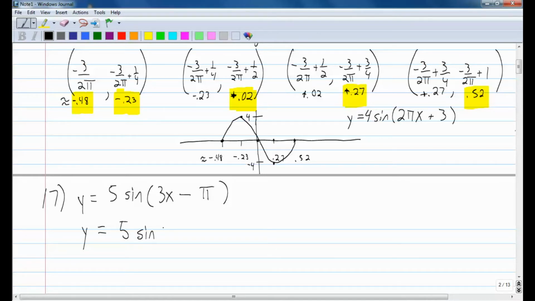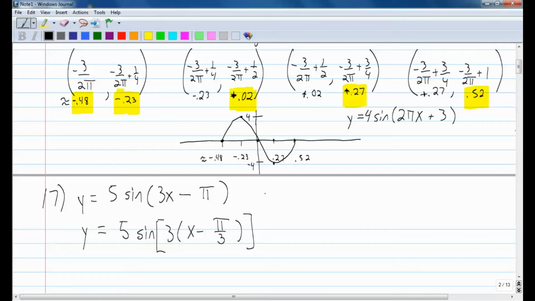So this is 5 sine of 3 times x minus pi over 3. Alright, let me go back and show you what I did. I factored the 3 out, so that leaves me with x. This last term here is pi, so I can't factor a 3 out of that. The way that I adjust that is I divide it by the 3 that I'm factoring out.